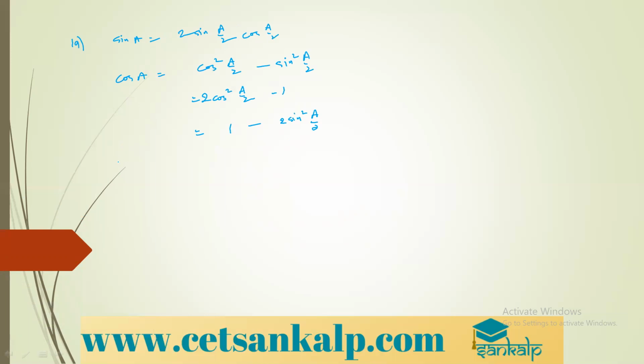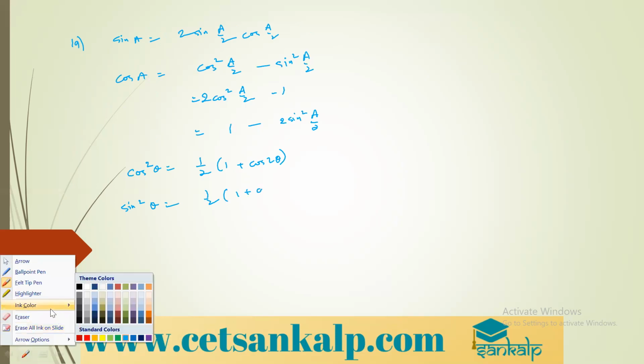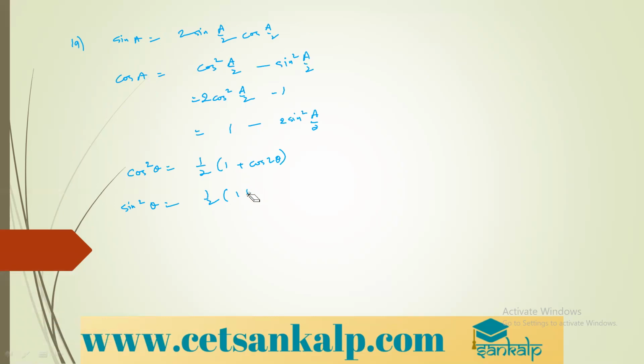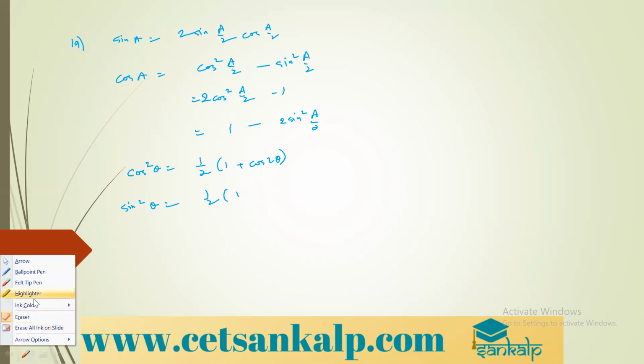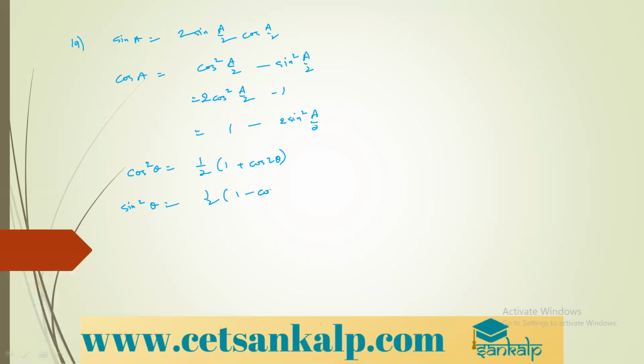Again, on rearranging, you will get cos square theta is 1 half into 1 plus cos 2 theta. And sine square theta is 1 half into 1 minus cos 2 theta.